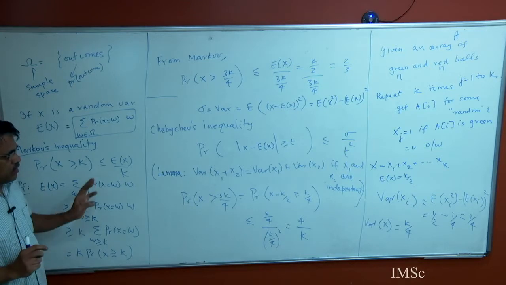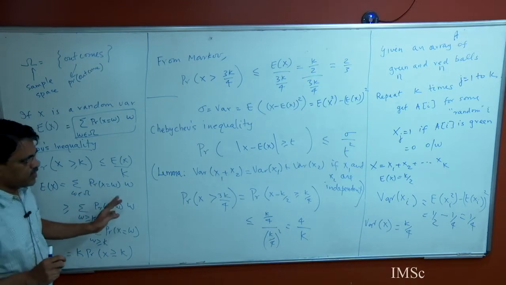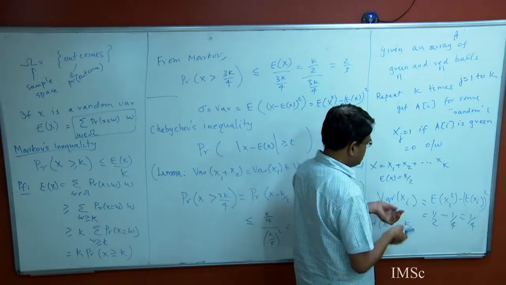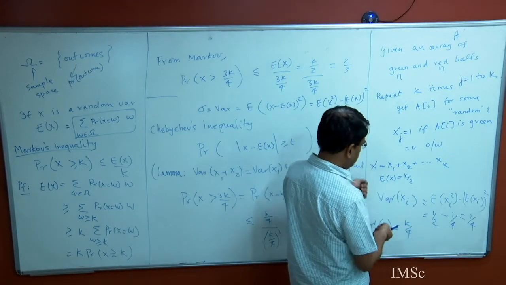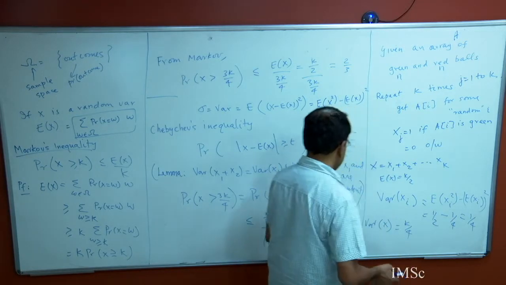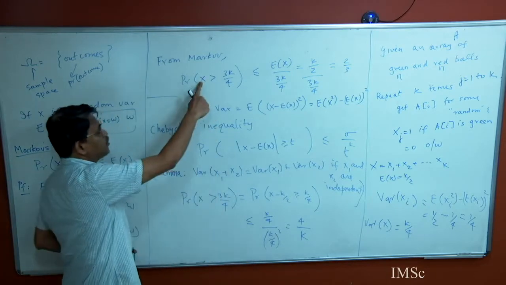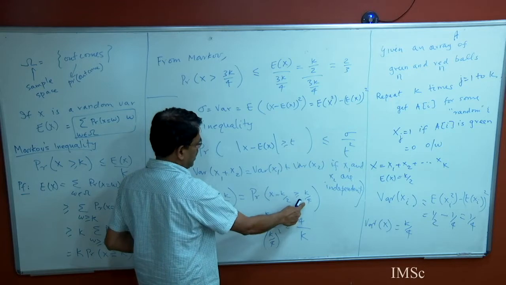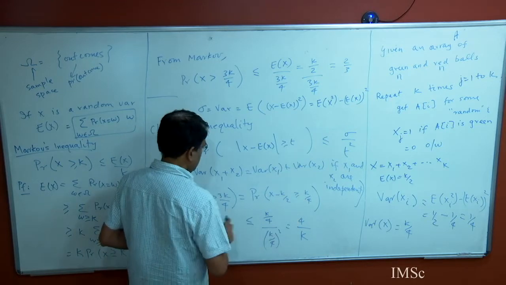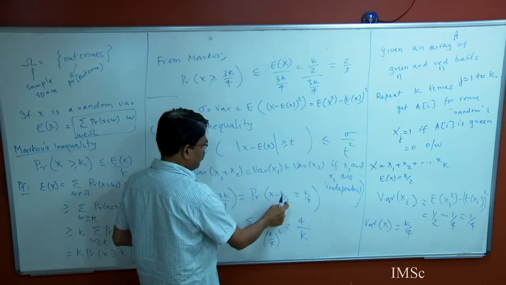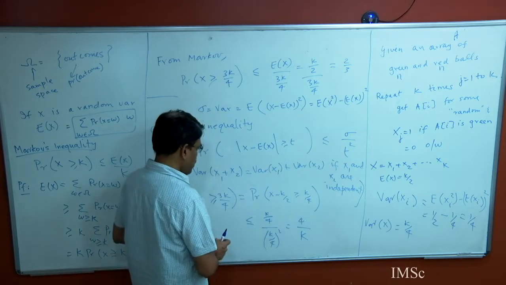Right? So all I am doing is now we use this extra information, which is also called the second moment, which turns out to be k by 4 for this experiment. So now if I want to know, this is the same question as this, I can write this as x minus k by 2 is greater than or equal to k by 4, because 3k by 4 is k by 2 plus k by 4.